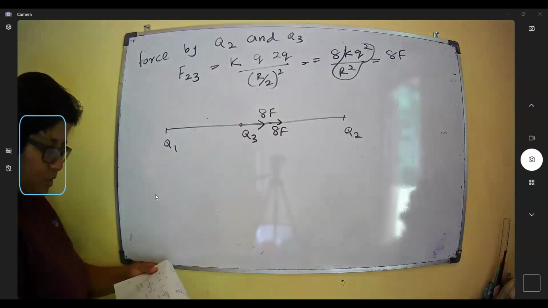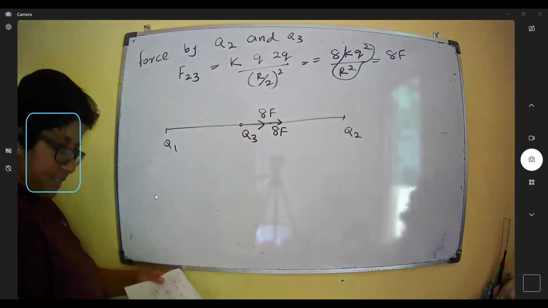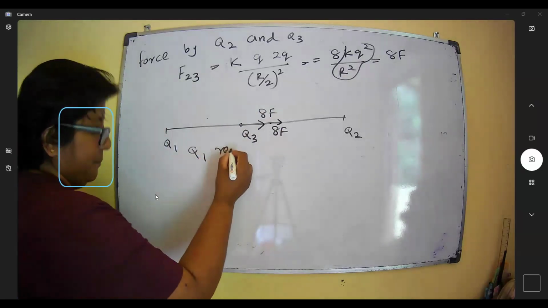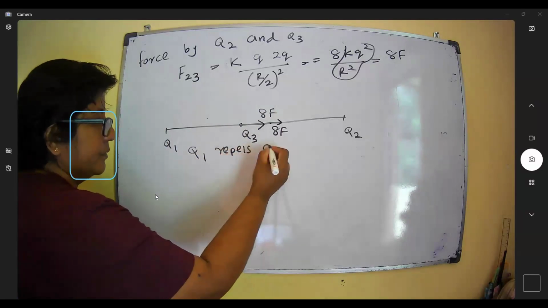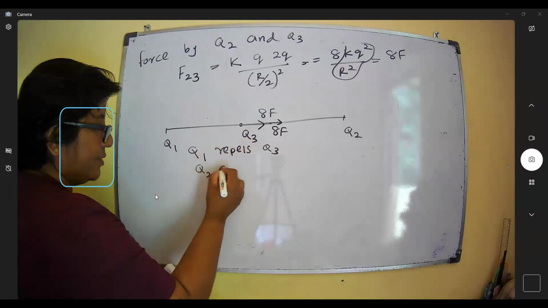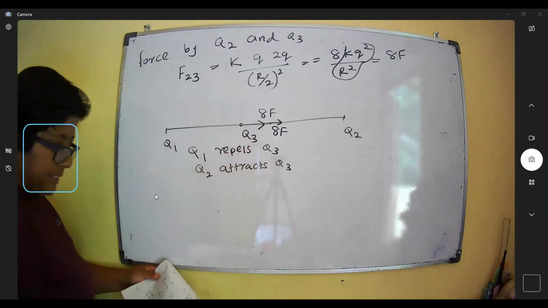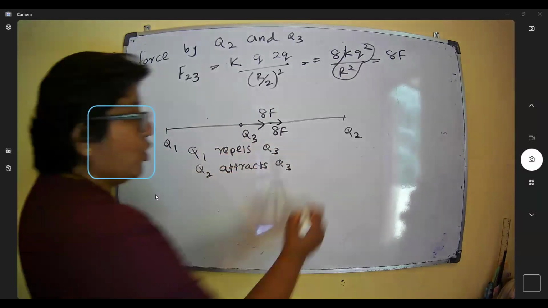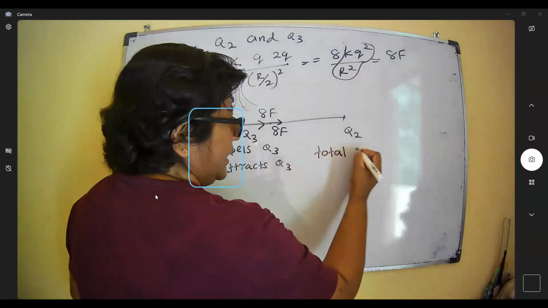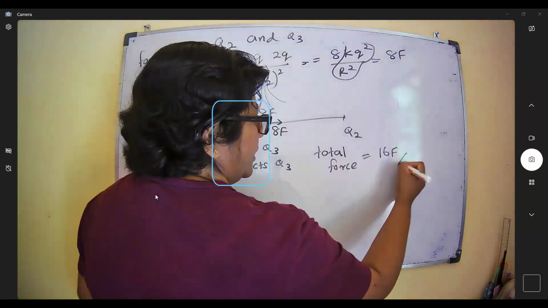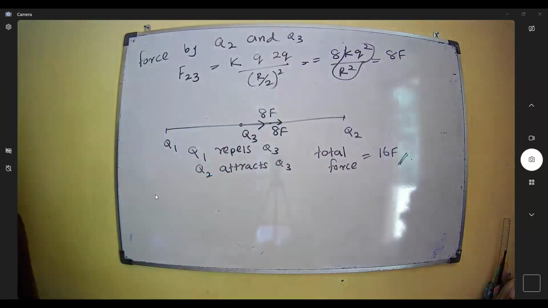So they have the same magnitude and the same direction. Q1 repels Q3, but Q2 attracts Q3, with the same direction and same charges. Then the total force acting on Q3 is equal to 16F. This is the answer, right? 16F.